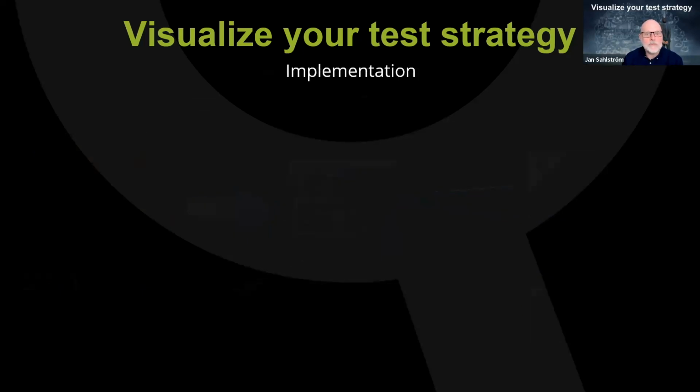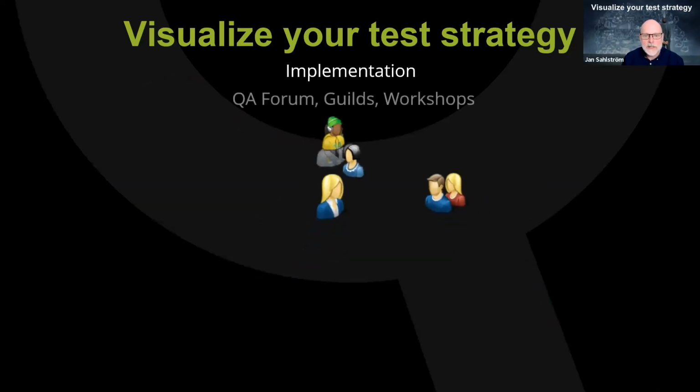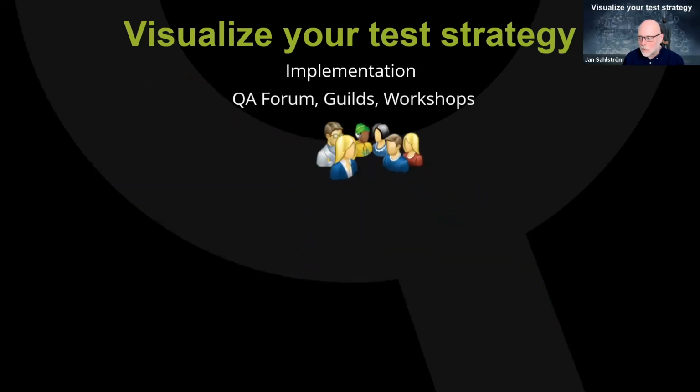So implementation. We had different teams that have their own models. There are different things that they should do. And we actually set up something that we called a QA forum. If you're working with a Spotify model, I don't know if anyone is doing that anymore, you would probably call it a guild. But we have workshops, so representatives from each team, one by one with different initiatives, we discuss them, how we want to achieve it, what are the common goals, and how we want to implement it in your team.